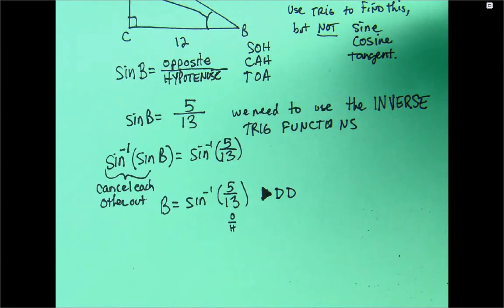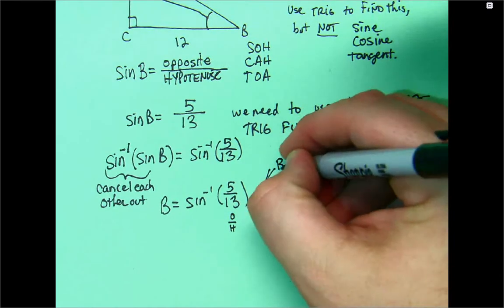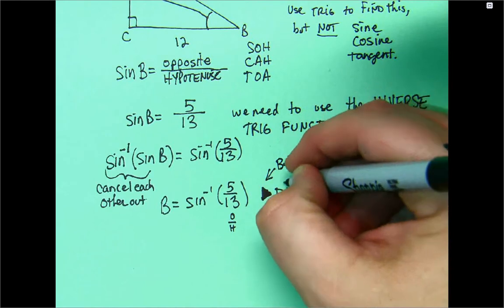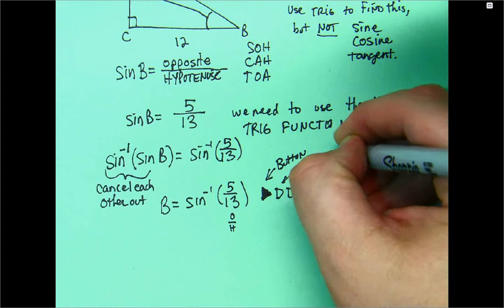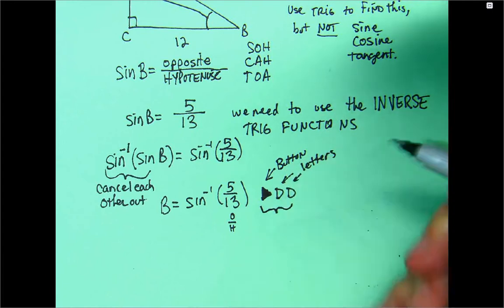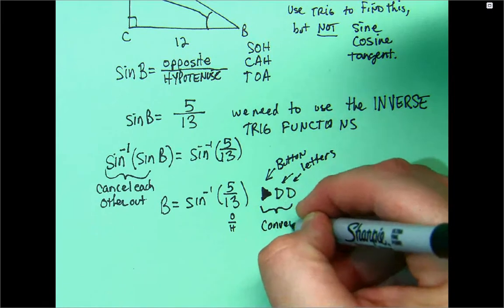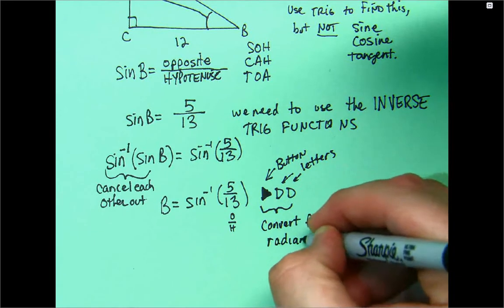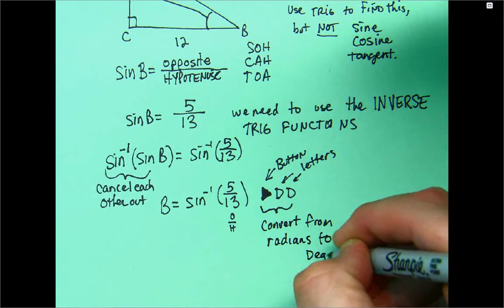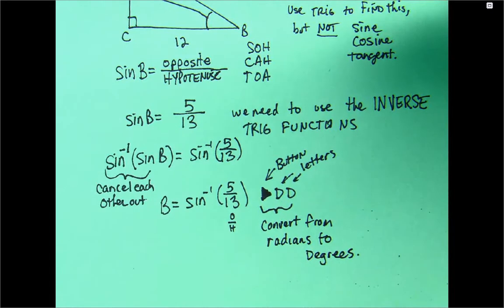Now, this alone is a button, and then these are just the letters. But together, this tells the calculator to convert from radians to degrees. Now, we don't have to know and understand exactly what radians are yet.